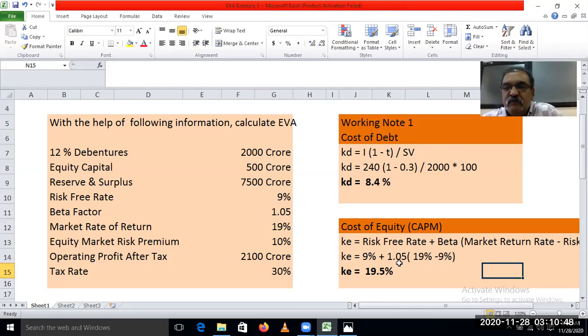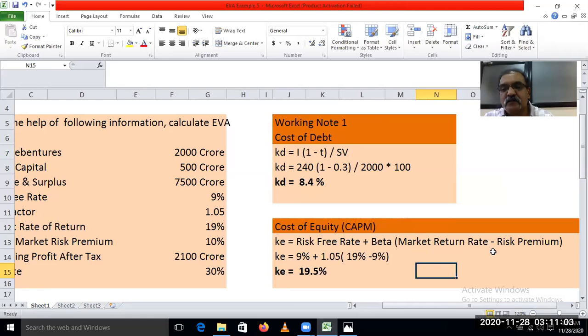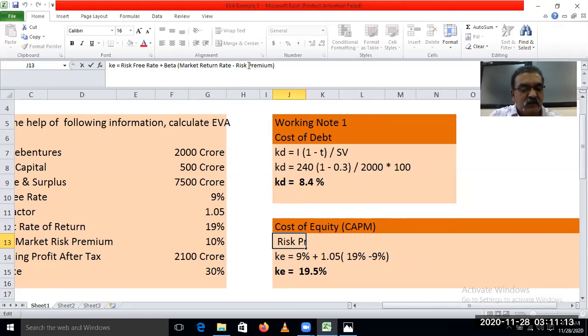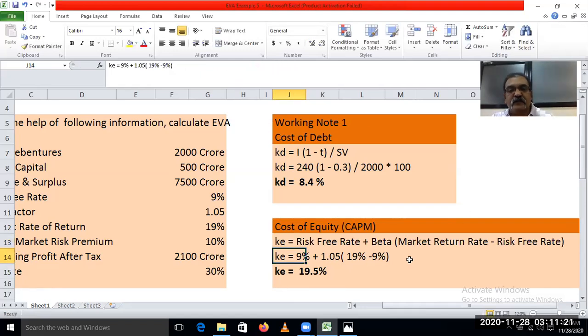So beta factor 1.05 into market return rate minus risk-free rate. Market return rate is also given to you, 19%. Actually, this combined is called the risk premium. Risk-free rate we already know is 9%.